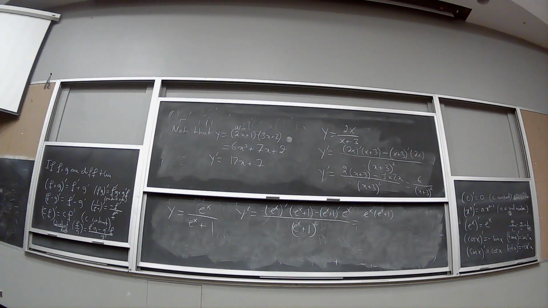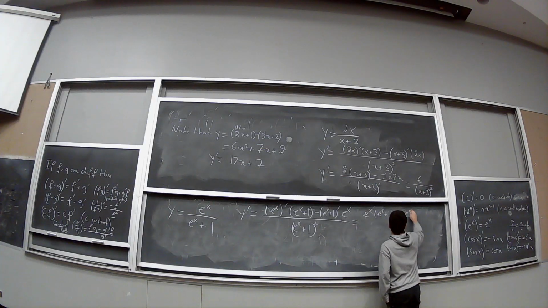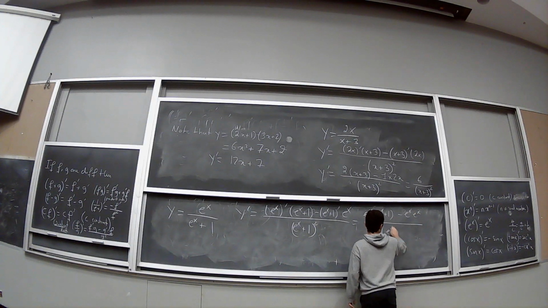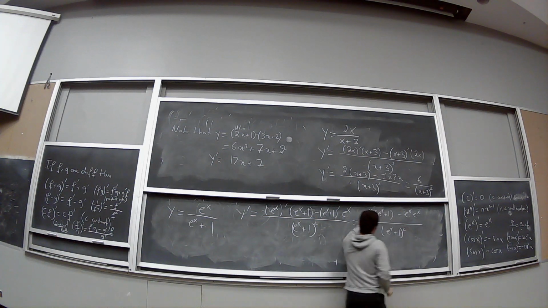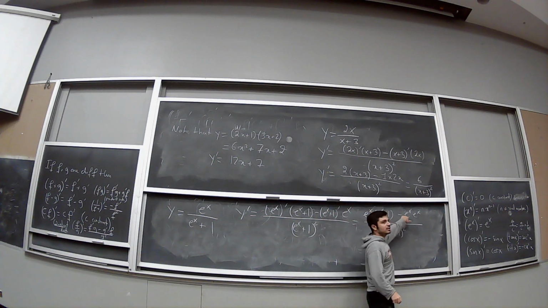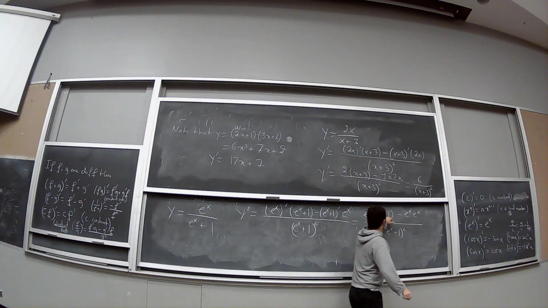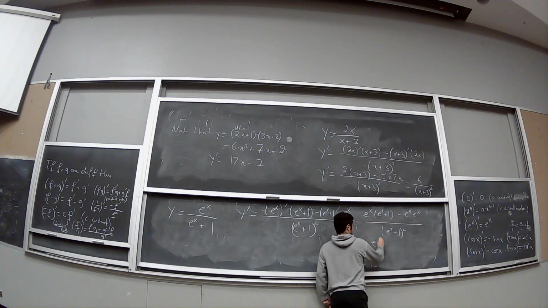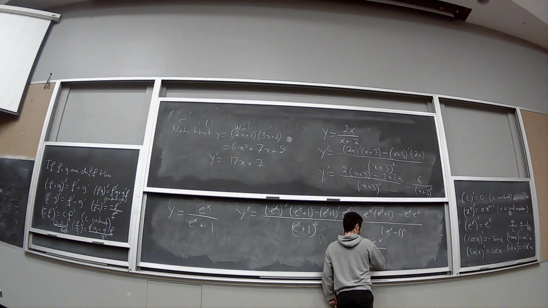You see that? So it's minus e to the x times e to the x, over. Expand that, what are you left with? The e to the x times e to the x minus e to the x times e to the x will cancel out. You're left with e to the x over e to the x plus 1 squared.